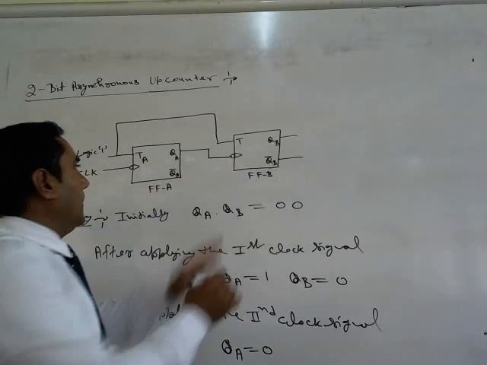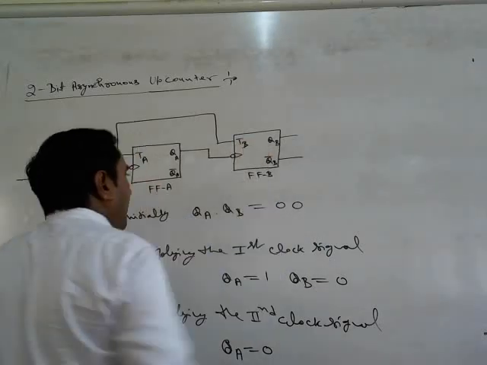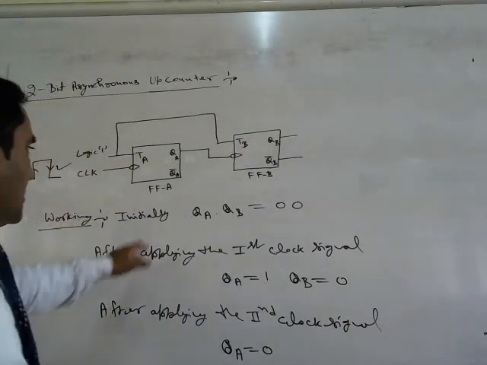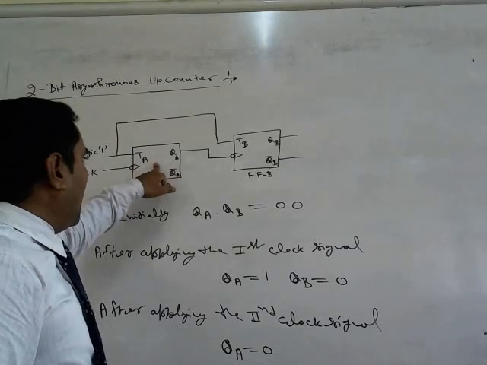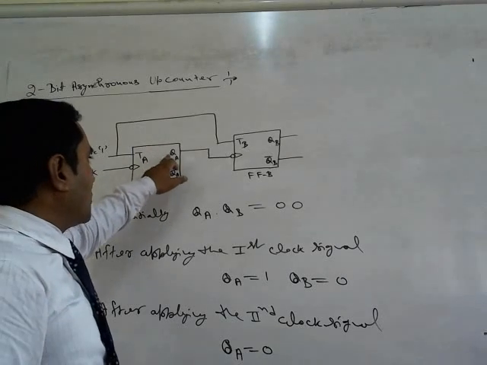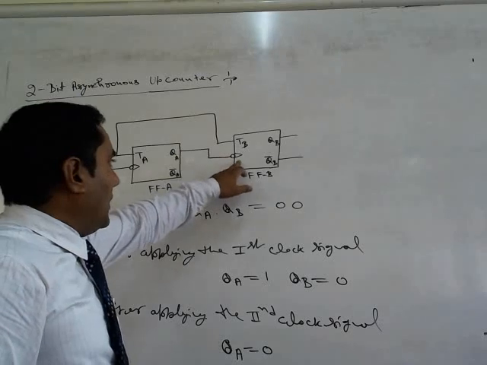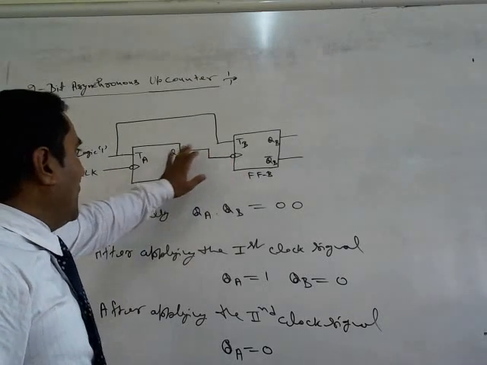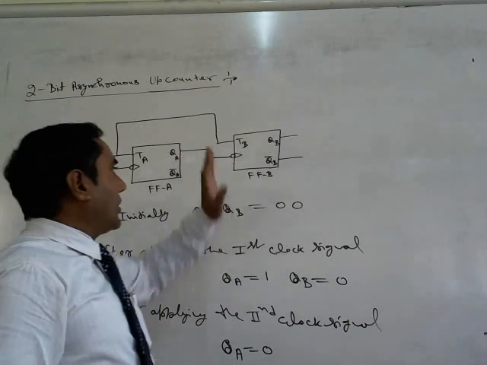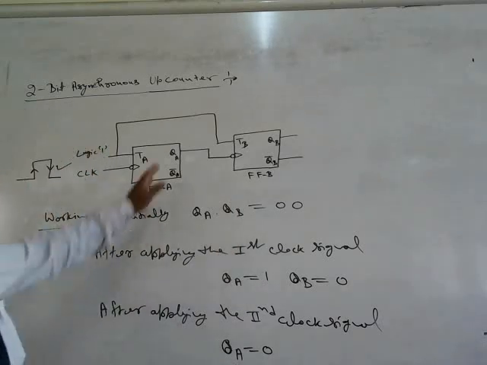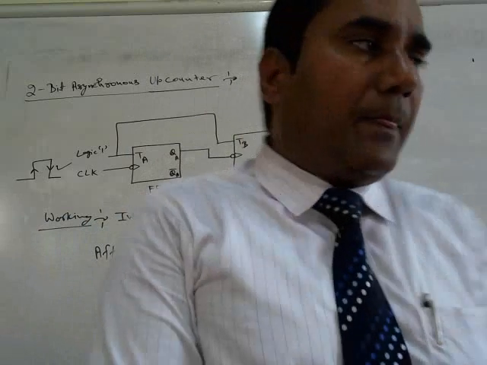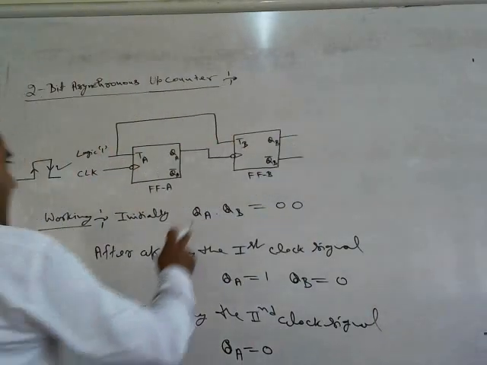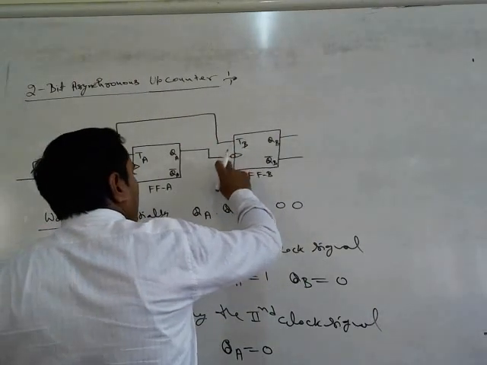And what happens on the FFB or TB, flip-flop B? Since FFA toggles, the QA output is connected to the clock of the second flip-flop. So 0 comes on the second flip-flop FFB and it toggles.